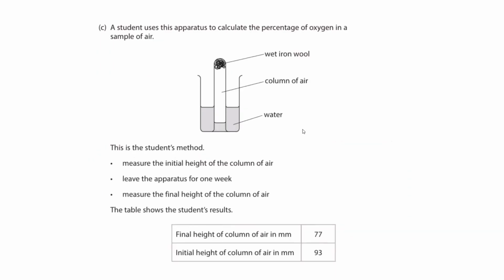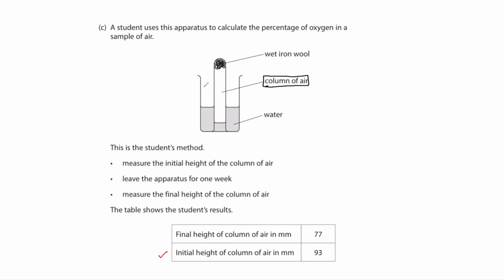A student used this apparatus to calculate the percentage of oxygen in a sample of air. Here we have the sample of air, so this column of air is the sample. Then they are telling us the initial height of the column of air.